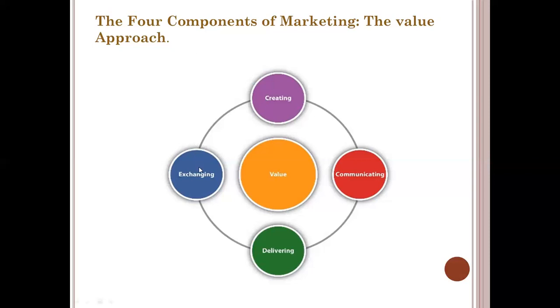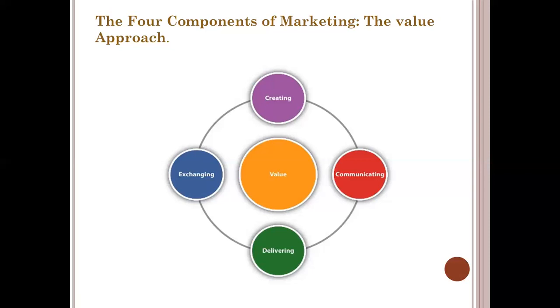We have the fourth component, which is exchanging. Sorry for that. Exchanging offerings. Once you are creating an offering, communicating its benefits to the consumer and delivering the offering, then the exchanging part goes on because there is the actual transaction or exchange that has to occur.